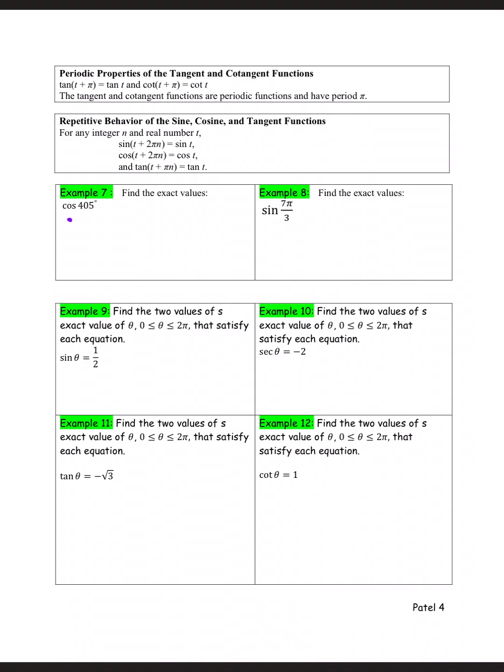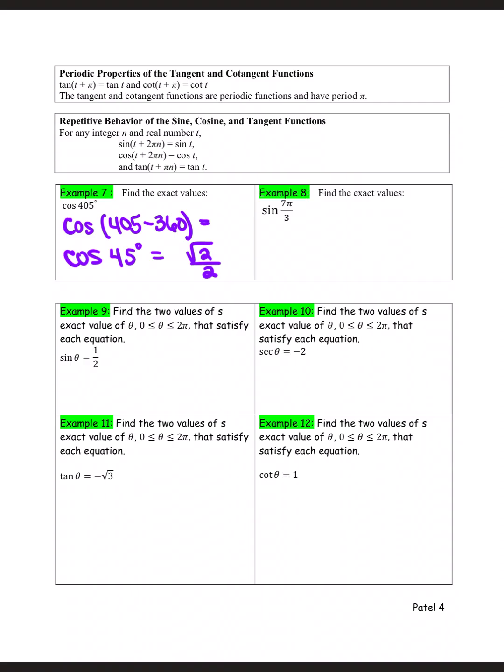Well, what we're saying here is notice that to get cosine of 405, it was basically something plus 360. So I can just say 405 minus 360, which is cosine of 45, and we know cosine of 45, the x value on the unit circle, is square root of 2 over 2.